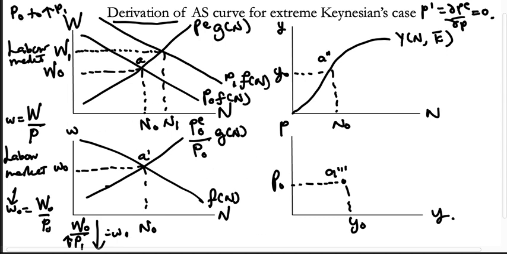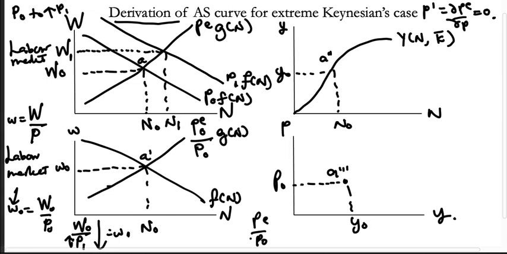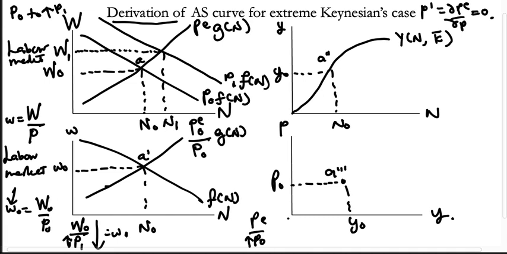Now you see, PE, P0, this one increases, okay? So what happens? The whole price decreases. That's what they think. But then, I'm sorry, not the whole price decreases.